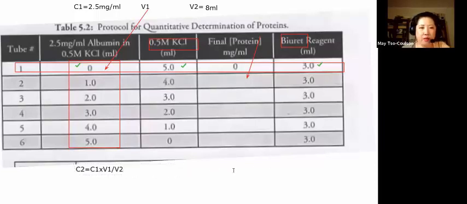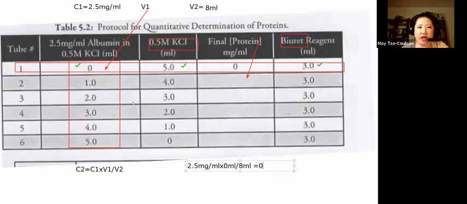To plug in the numbers, we take C1, which is 2.5 milligrams per milliliter, multiply that by volume 1, which is 0 milliliters, and we divide by 8 milliliters. So obviously that equals 0, because 2.5 times 0 is 0, and 0 divided by 8 is 0.